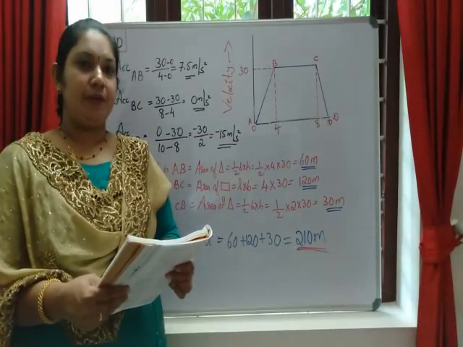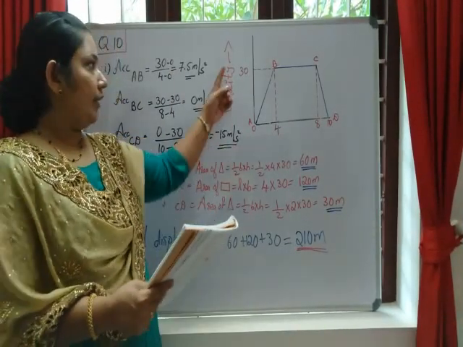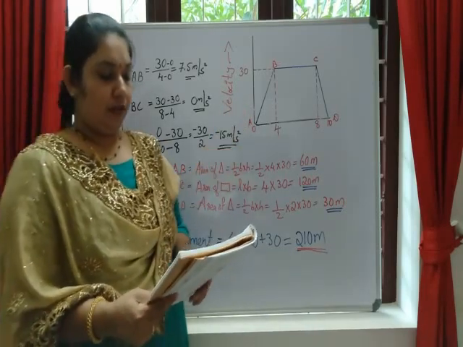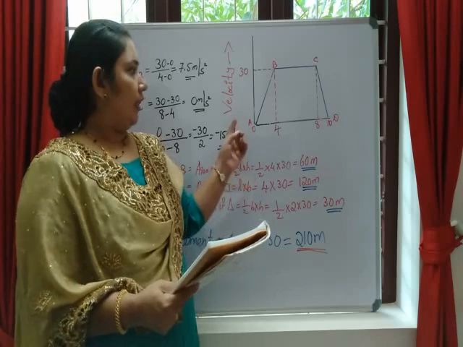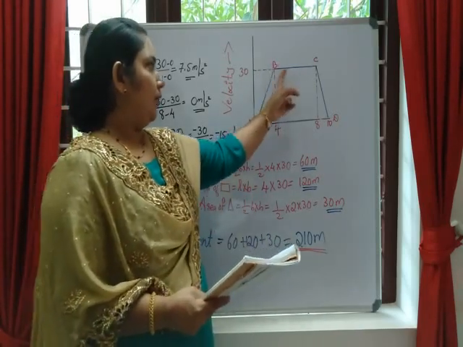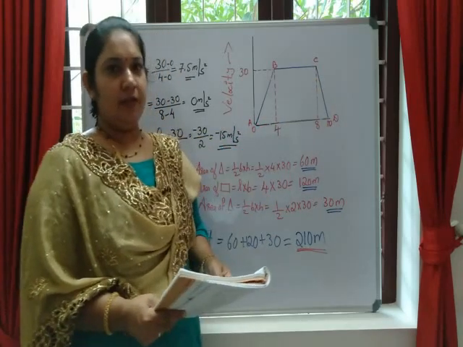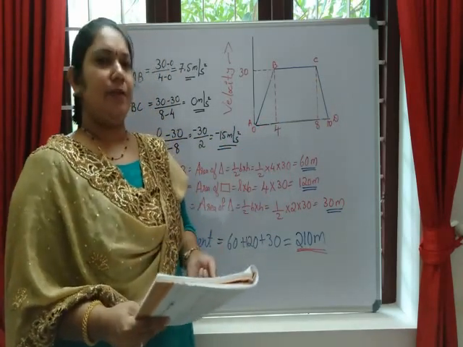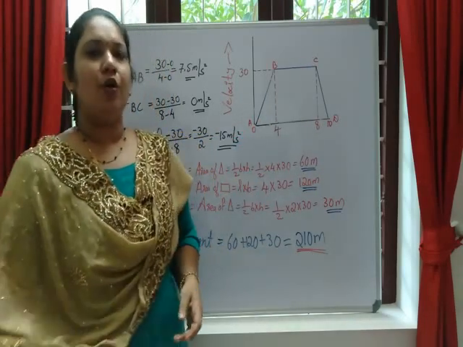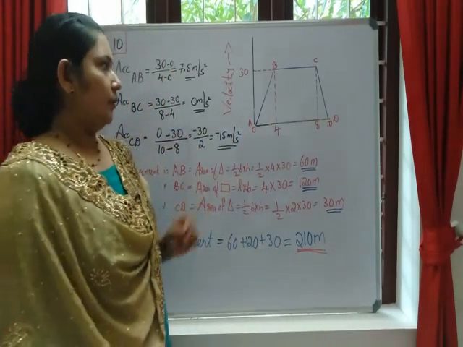Next question number 10. The velocity time graph of a moving body is given below. Here we are asked to calculate the acceleration in part AB, BC and CD, and you are asked to calculate displacement in part AB, BC and CD and the total displacement. So these are the questions.